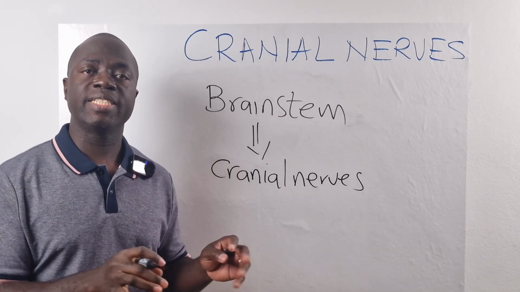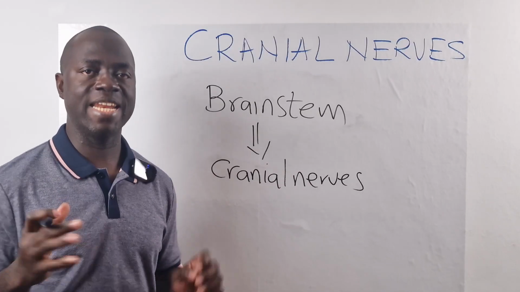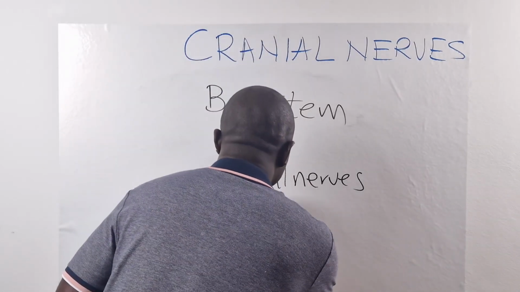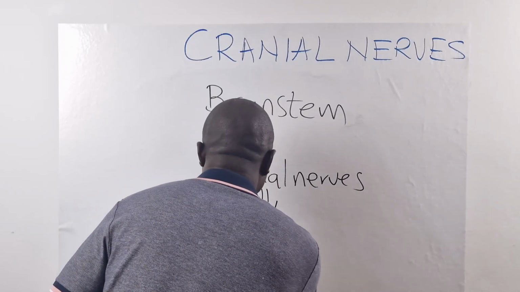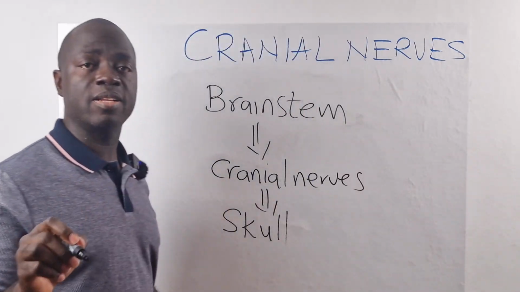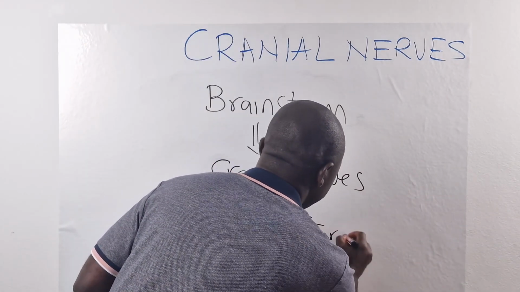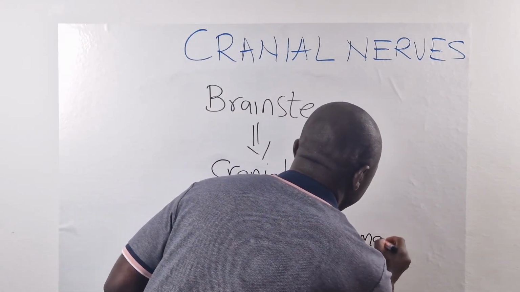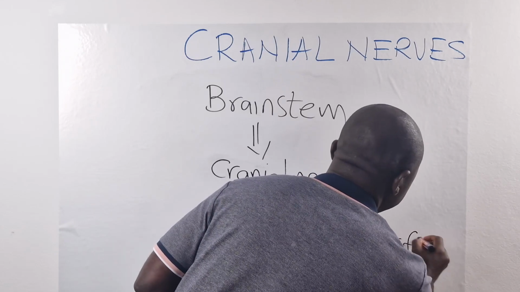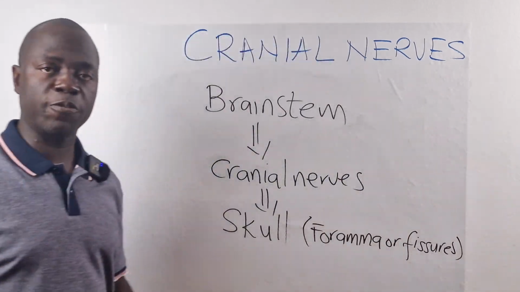And usually they serve structures around the head and the neck. So they will exit the skull. They exit the skull or the cranium through structures known as foramina or fissures.